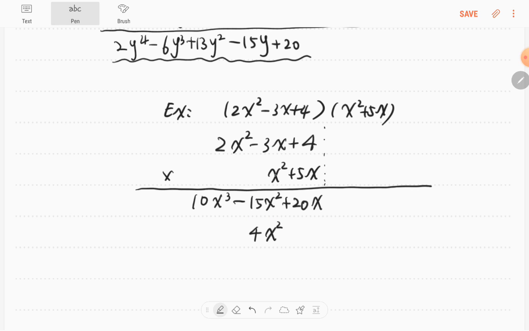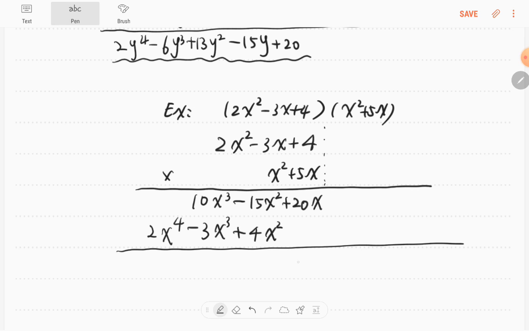Then second term, x squared times negative 3x. So you will get negative 3x third. So then from right to left, the last one we will have 2x fourth. So after you finish all of it, you just do the addition.